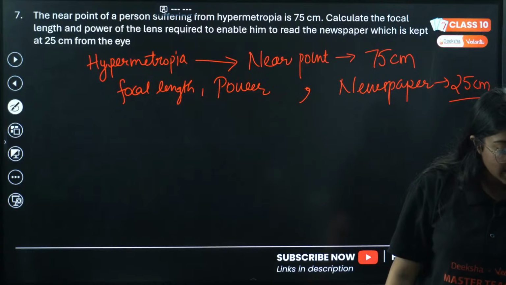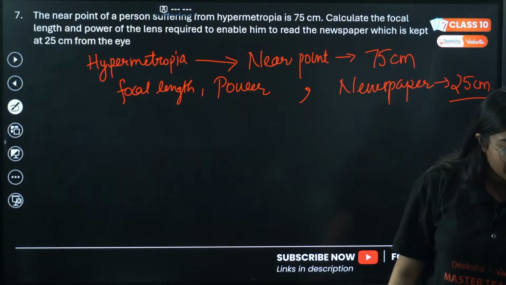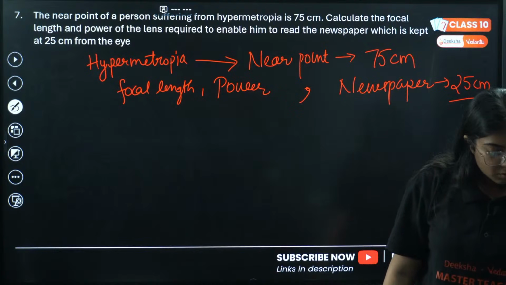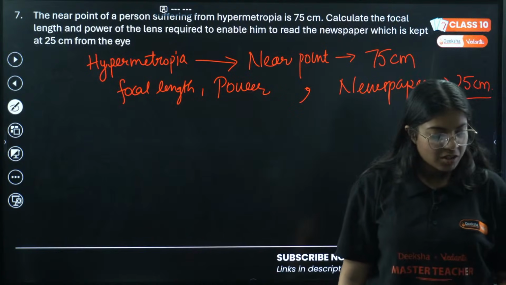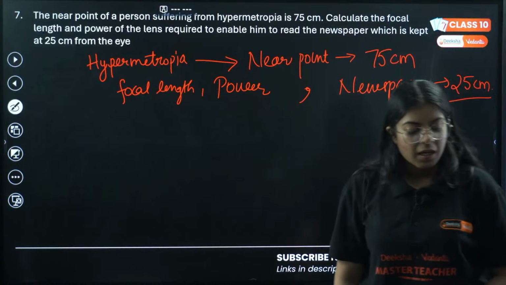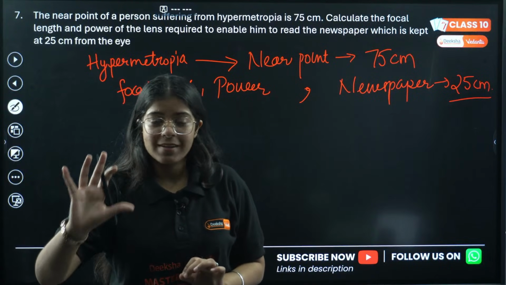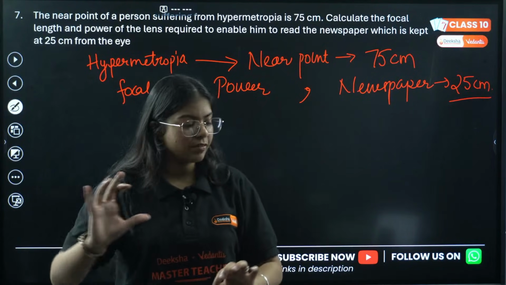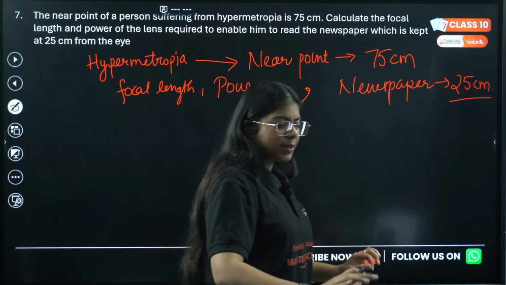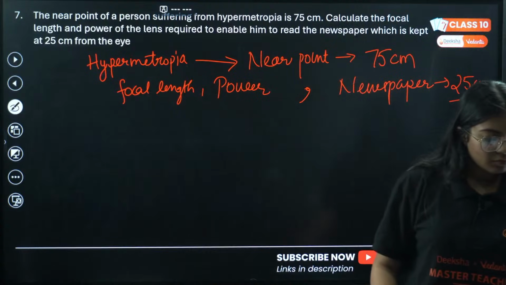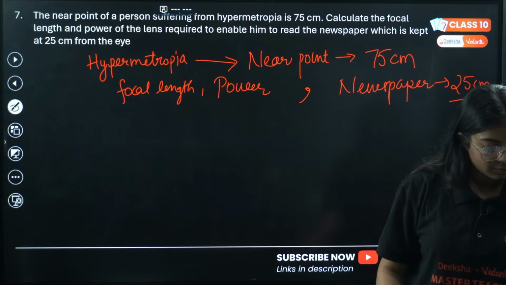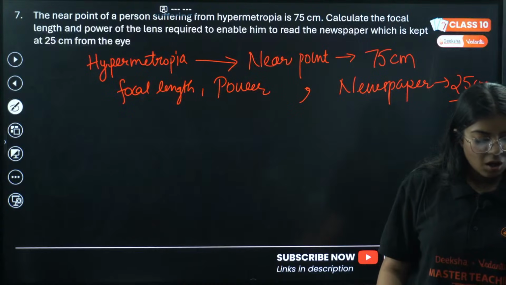Don't just write 25 randomly. Near point. Write it in one sentence. u equals what? 75 or 25? v equals 75 or 25? Let me know.